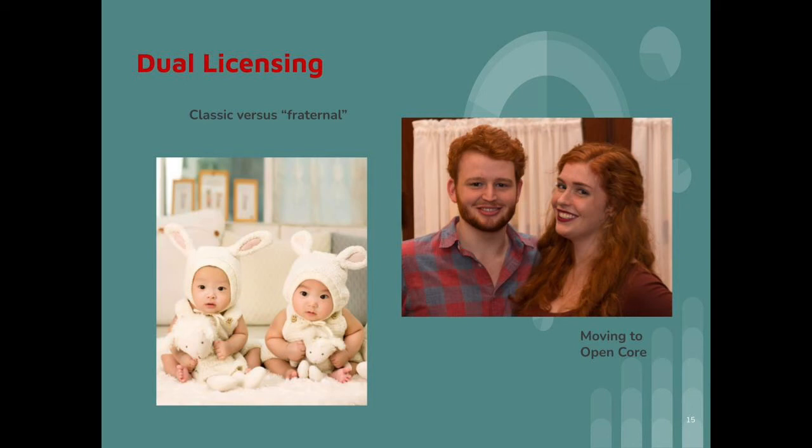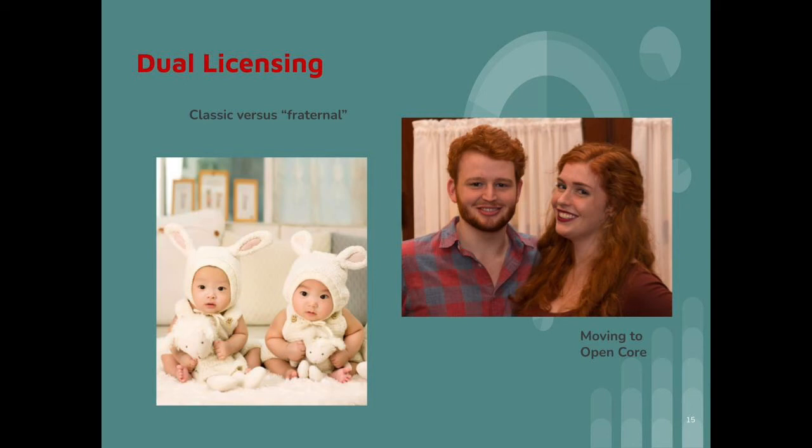By the way, the classic dual licensing model is represented on that slide by the very cute babies who are identical twins. Dual licensing then moved into something that was more like a fraternal twin model, and that in turn developed into open core.